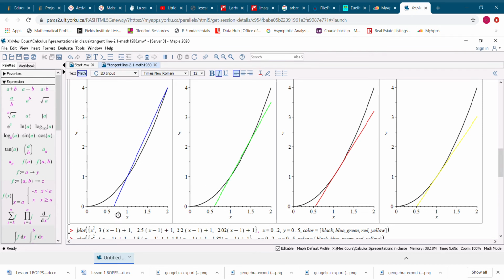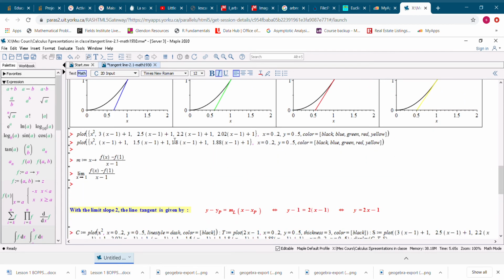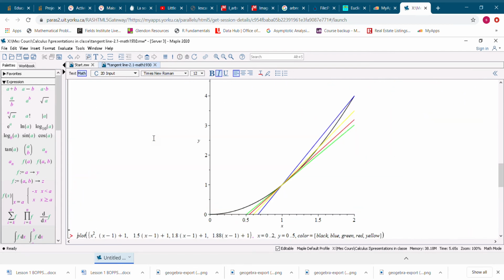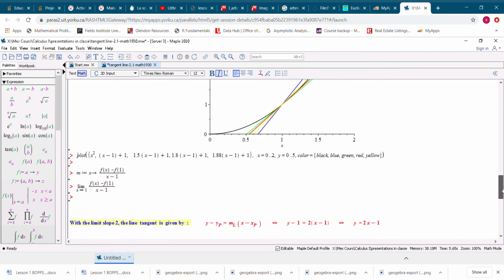I'm considering the point to the left, 0.5, you see. Here is 1, 1, and the other Q is here, x equal 1.5, then closer to 1, and the fourth one. Then let's look at the lines from the other side. I regrouped just these lines on this one side.